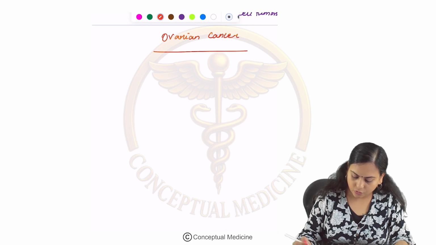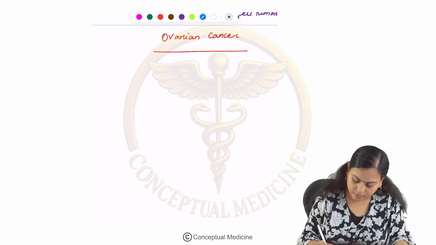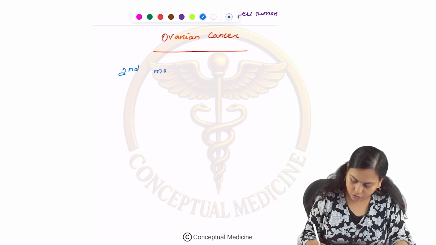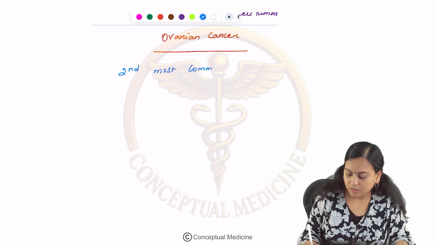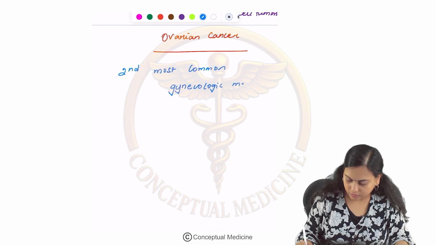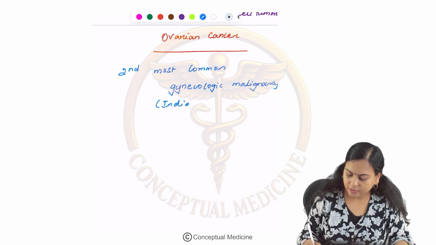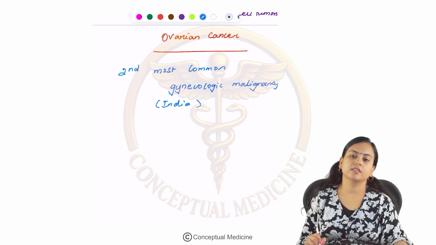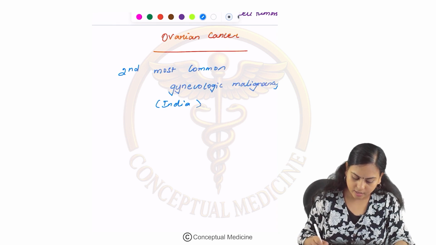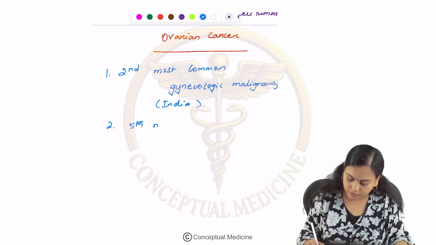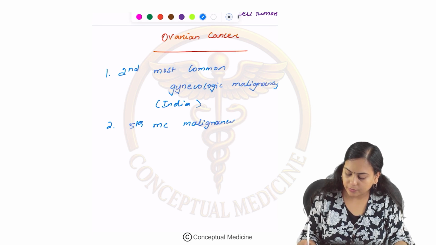Okay, so ovarian cancer is the second most common gynecologic malignancy. Okay, especially in India. So, which is the first gynecological malignancy? Yes, it is going to be CA cervix. Now, it is also the fifth most common malignancy in women.